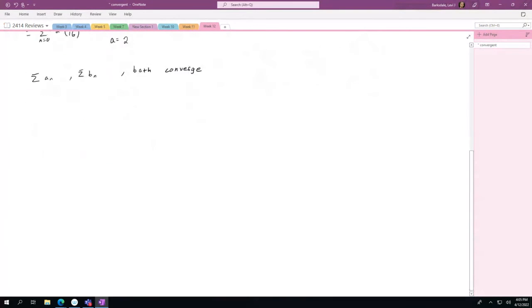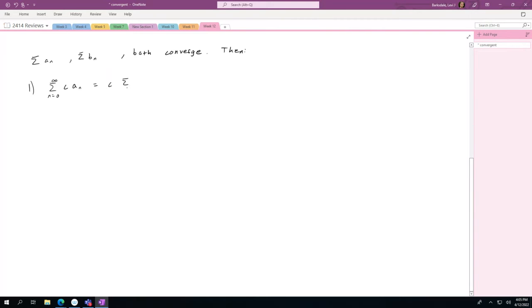Well, then what I can say, first off, is that if I take either of my series and multiply it by a scalar, this is the same thing as moving my scalar outside of my series, and I know that it converges.